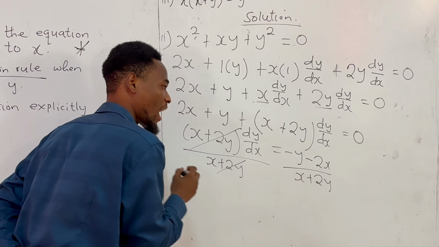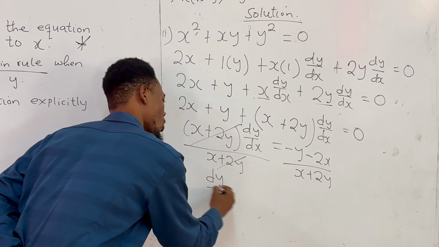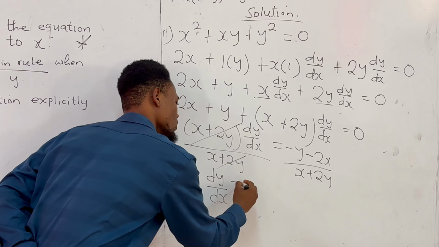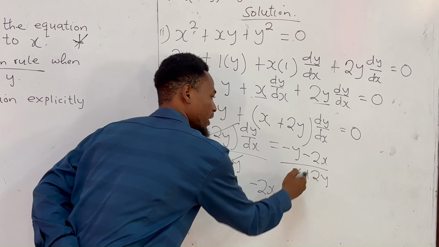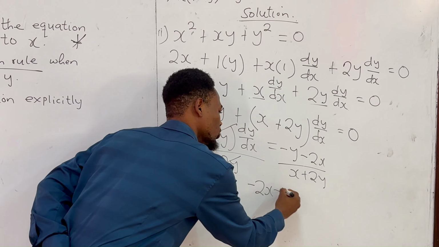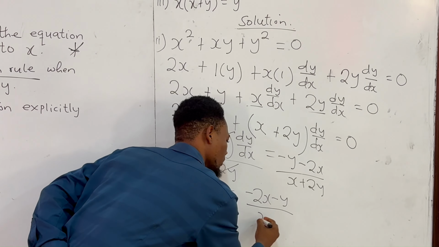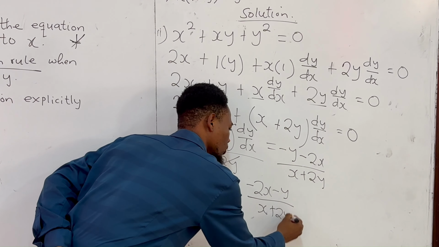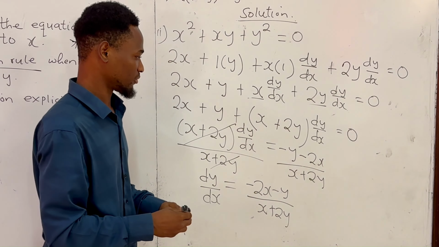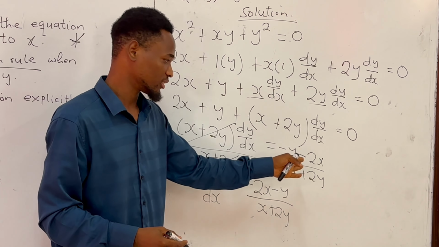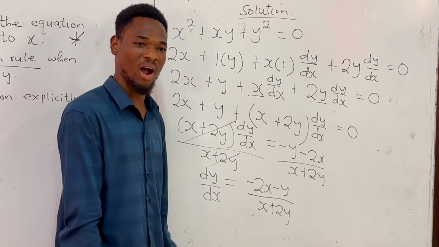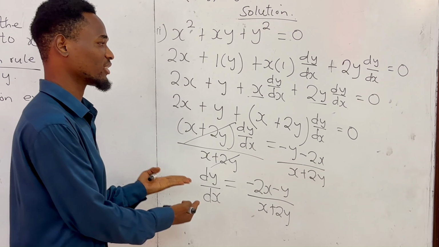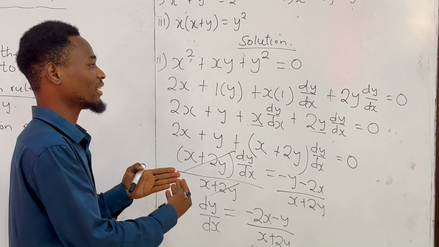So finally I have dy/dx equal to negative 2x minus y all over x plus 2y. Negative y minus negative 2x is the same as negative 2x minus y. Viewers, let me see how simple it is.